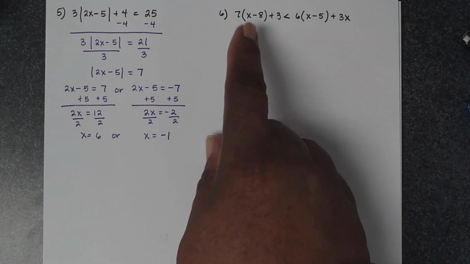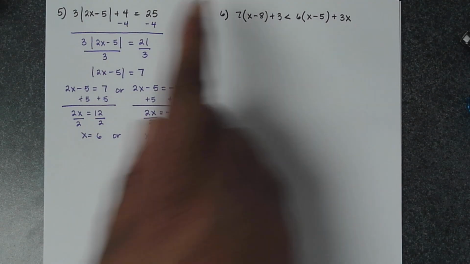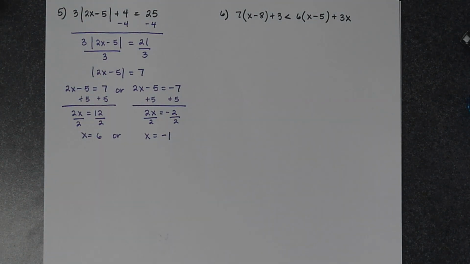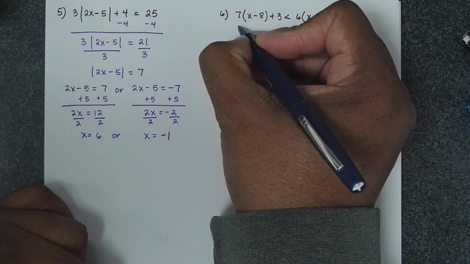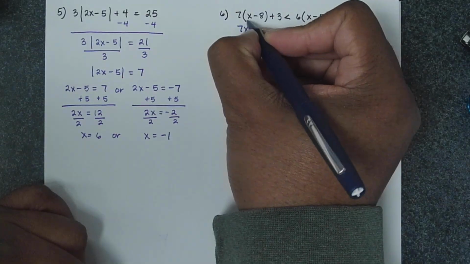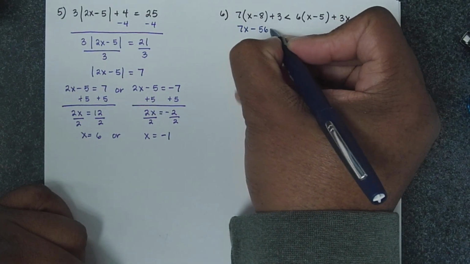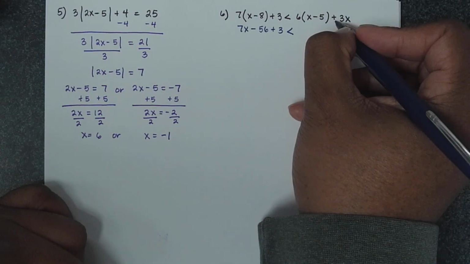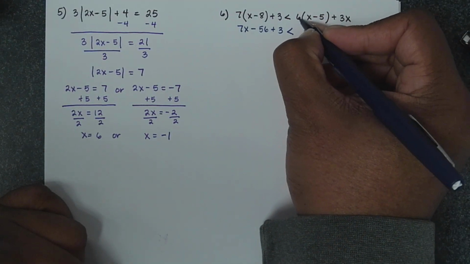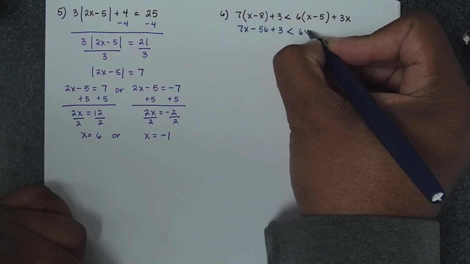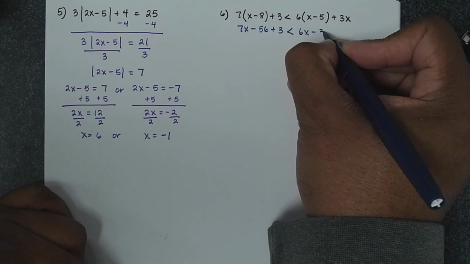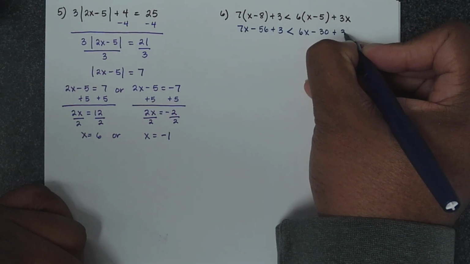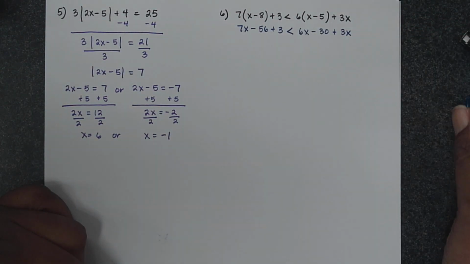All right, the left side I need to distribute the 7 over the x minus 8. So here I have 7 times x will be 7x, minus 7 times 8, that'll be 56. Bring down the plus 3 is less than, distribute the 6 over the x minus 5. So 6 times x will be 6x, minus 6 times 5 will be 30, plus 3x.